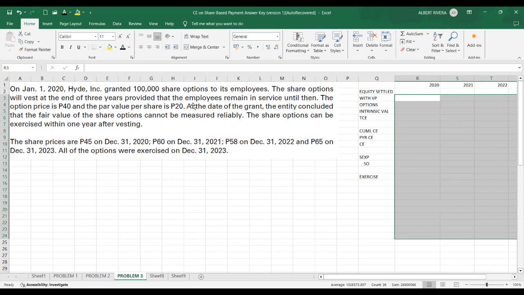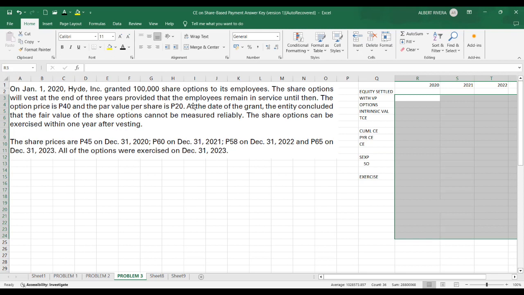Okay? The share options can be exercised again 1 year after vesting. So the vesting period is 3 years. So that would be 2020, 2021, and 2022. However, after the employee has already rendered the 3-year service period or the vesting period, hindi niya pa rin pwedeng i-exercise. Why? Kasi the provision provides the covenants.